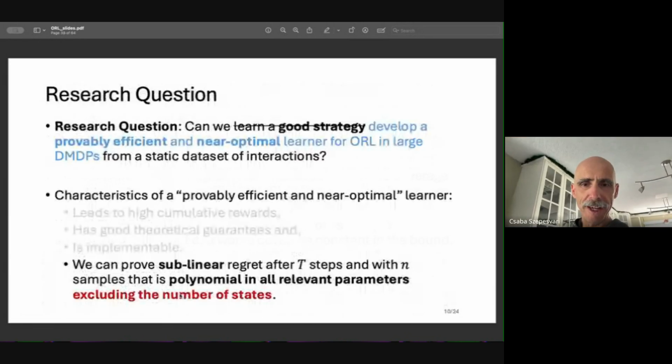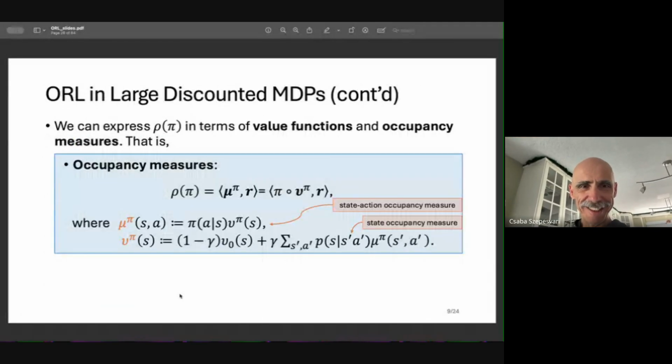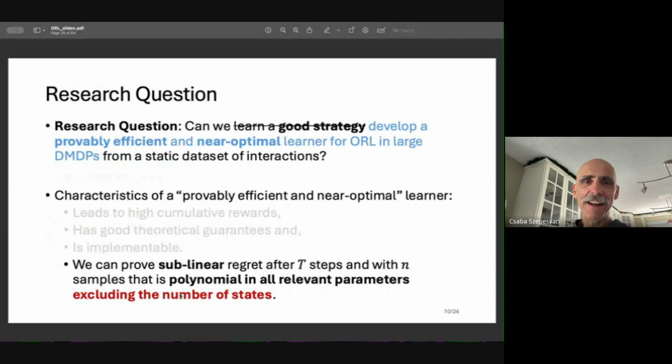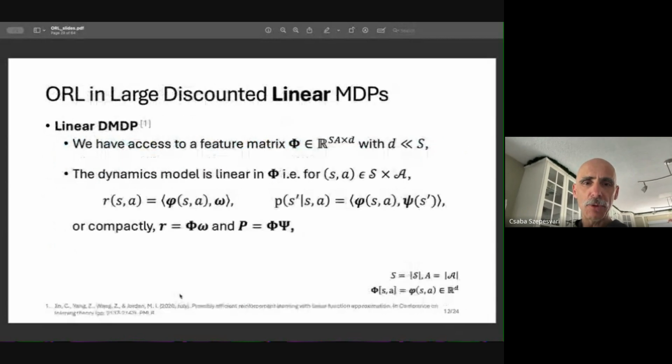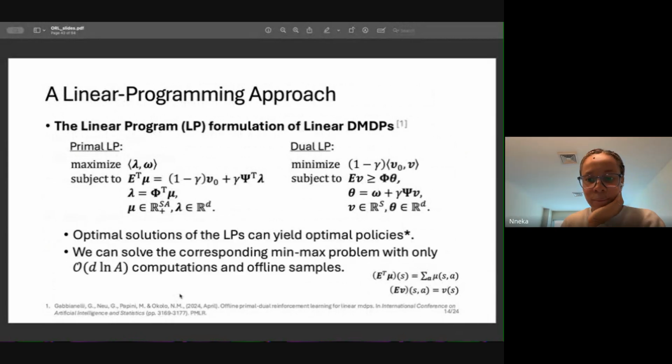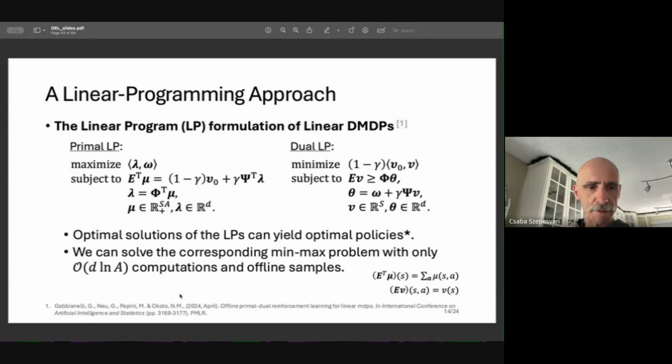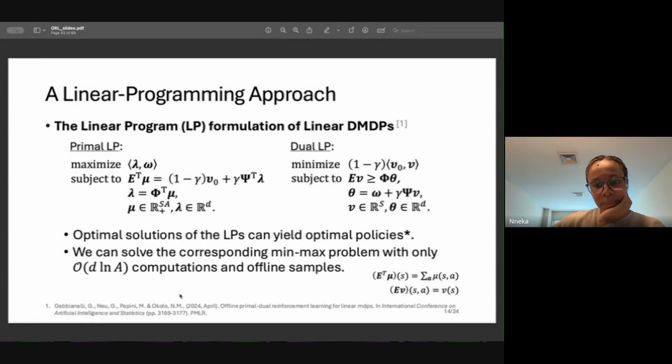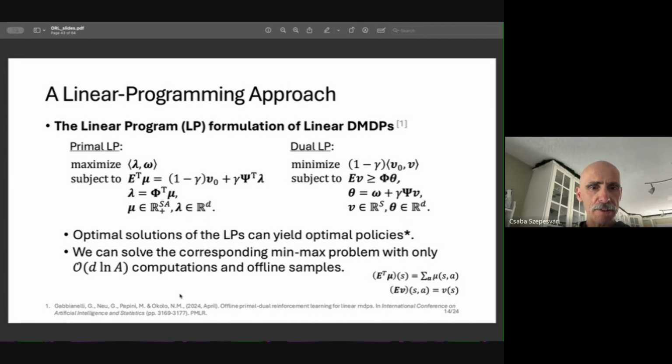There was no d log a. I think maybe I'm dreaming this, but when you had the two LPs next to each other, the primal and the dual, where is it? Here. Then on that slide, in the bottom, whoa, okay, there was a d log a computations and offline samples.